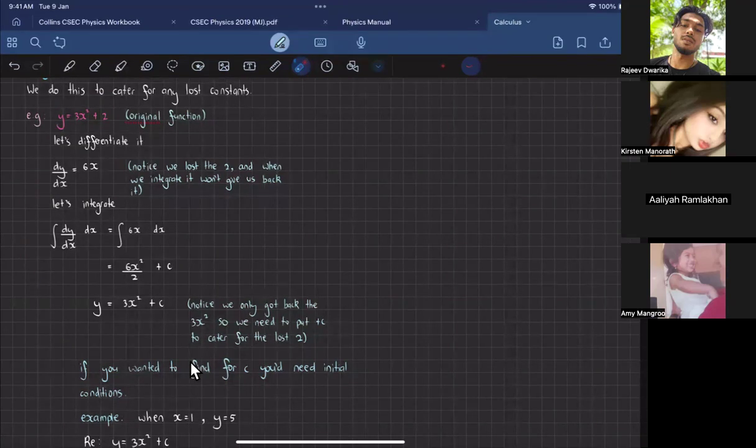And earlier, what I'm seeing is that any question will give you a point. They might give you 2, 4 or something, and they say, using these points, find c and write the complete equation. You think you would know how to find c given those points, 2, 4?